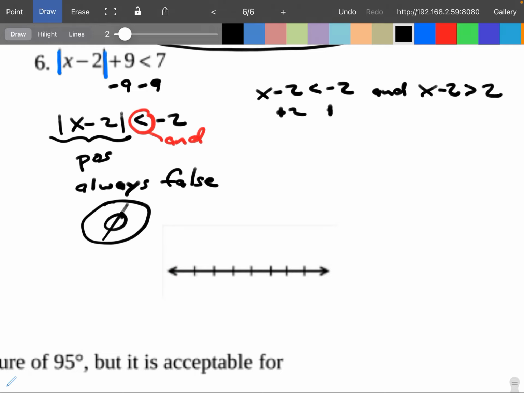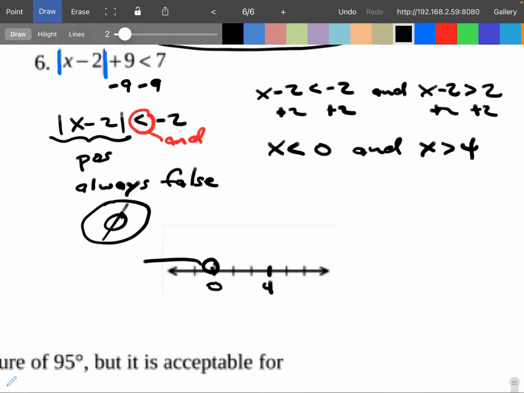So then our second case would be x minus 2, flip it, and take the negative of the number on the right-hand side, which would make it a positive 2. Now, if we solve both of these, we're going to add 2 on both sides, right? We got to get x by itself. This one would become x is less than 0, and this one would become x is greater than 4.